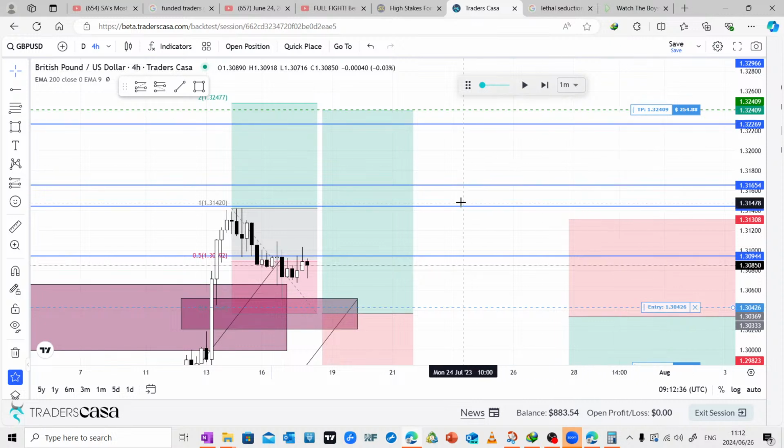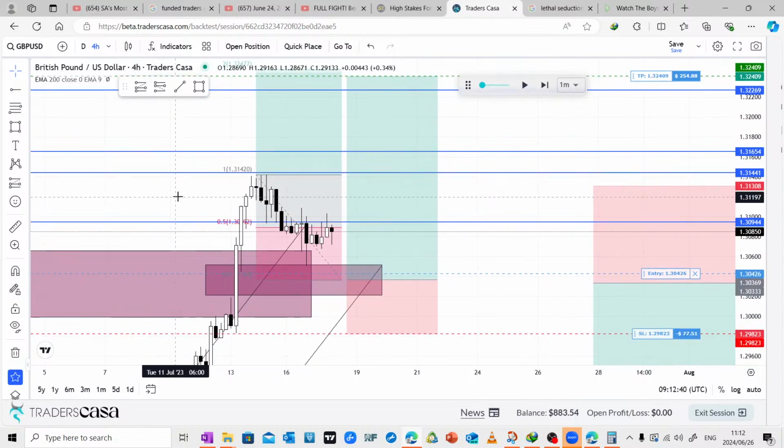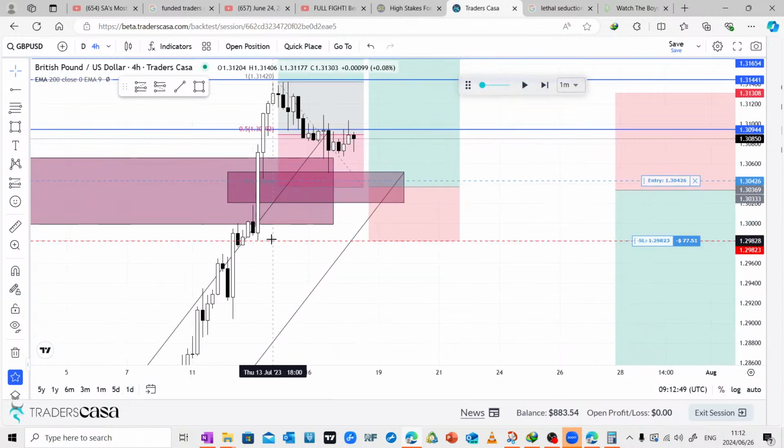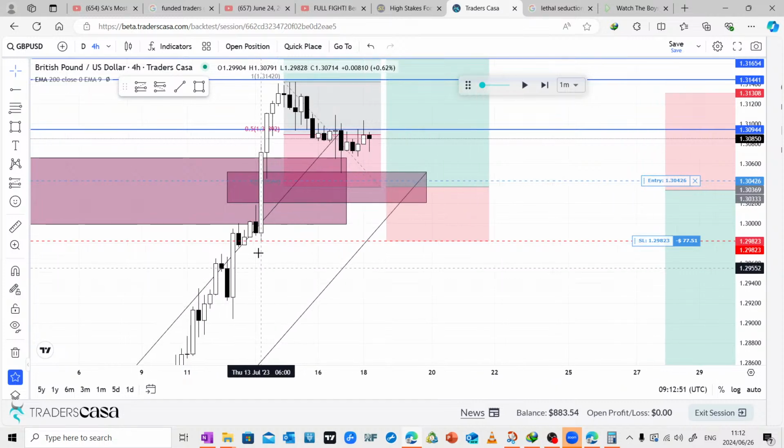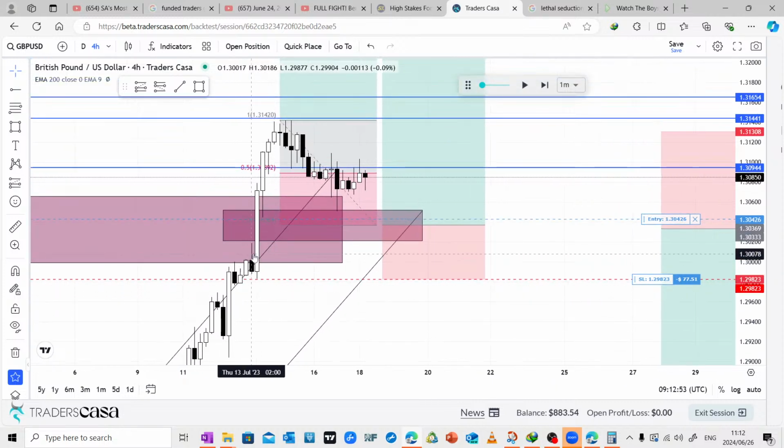Some of you might be wondering why I'm saying it must go higher. It must go higher because if we look at this fair value gap right here, how many entries? Let's look at this primal fair value gap right here, where this fair value gap was induced here, and the second entry was here.